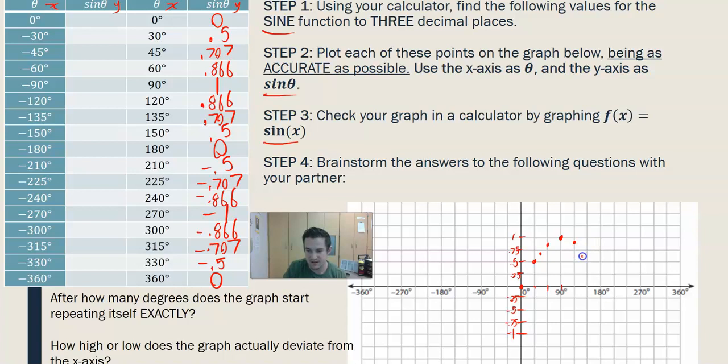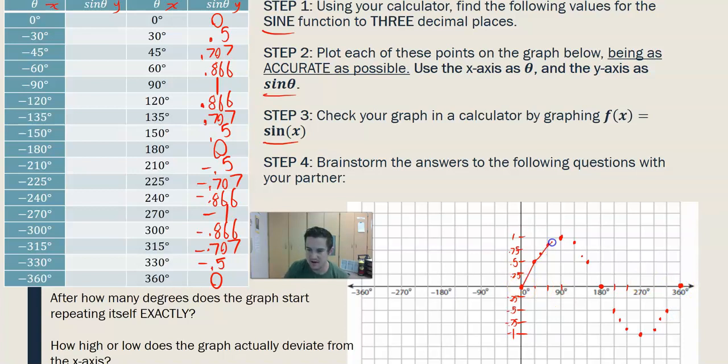0.707, 0.5, and then 180 degrees is 0. Look at that nice little shape. 210 degrees, so this is 210, this is going to be 240, so 210 is negative 0.5, negative 0.707, negative 0.866, and then negative 1, negative 0.866, negative 0.707, negative 0.5, and 360 degrees is 0.